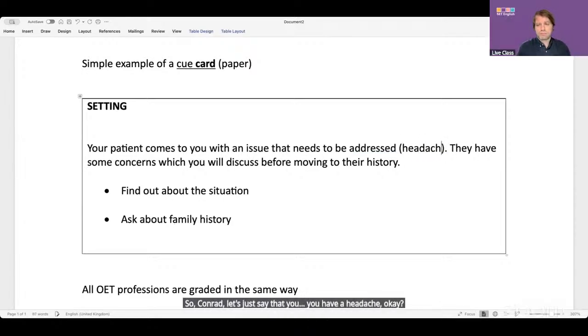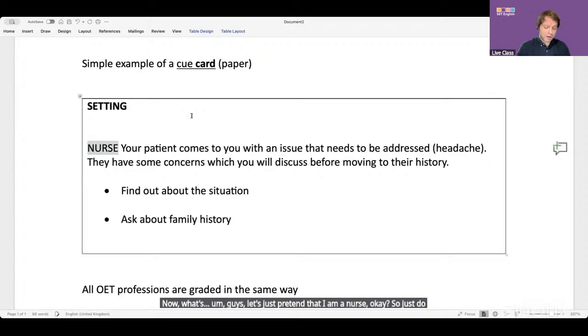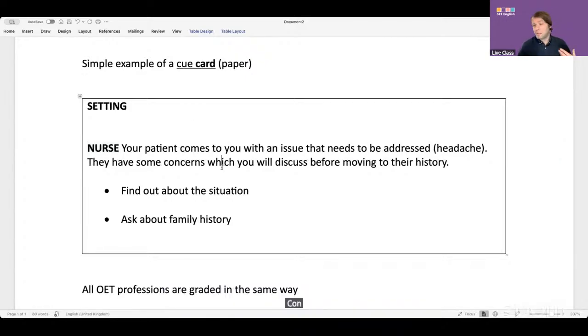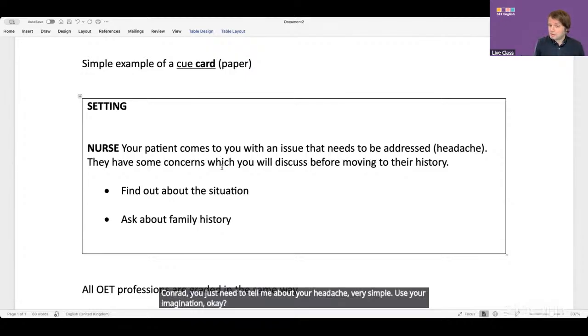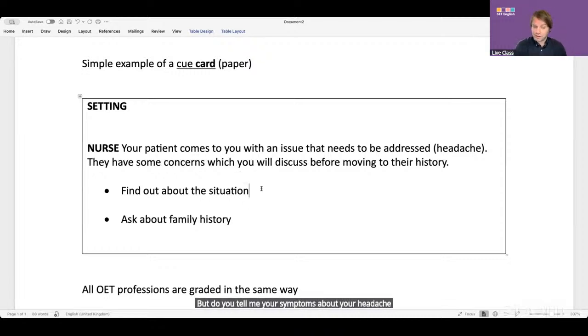Guys, let's pretend that I am a nurse. Just do a very simple nurse. Conrad, you just need to tell me about your headache. Very simple. Use your imagination. I'm going to speak, but you tell me your symptoms about your headache.